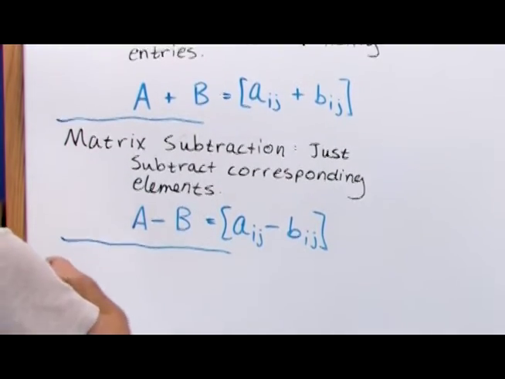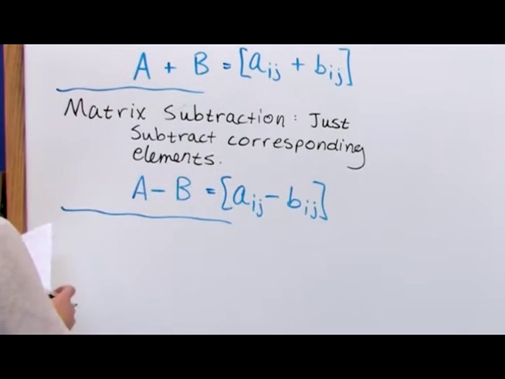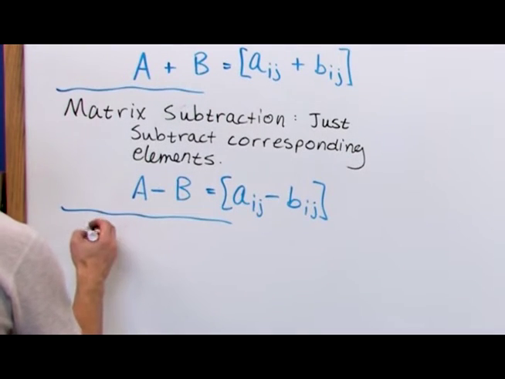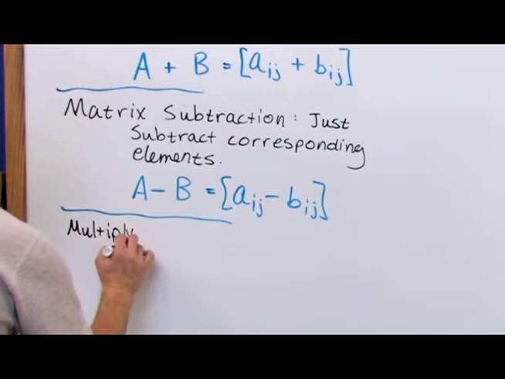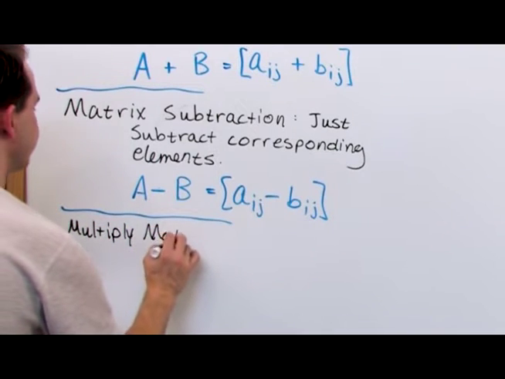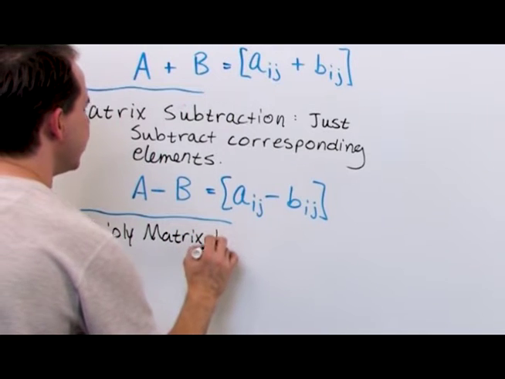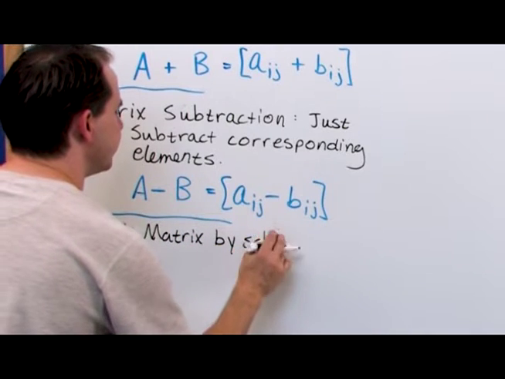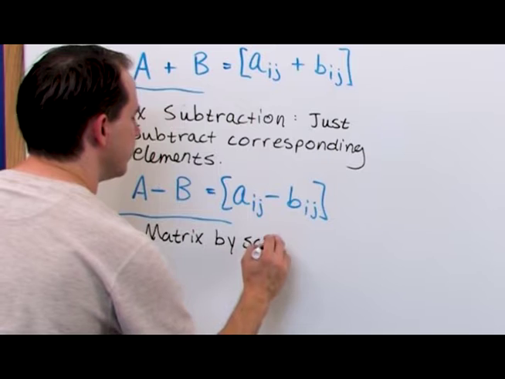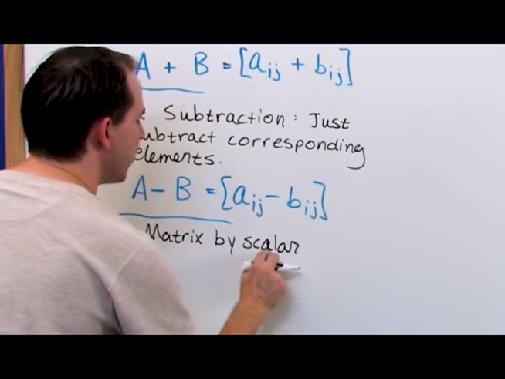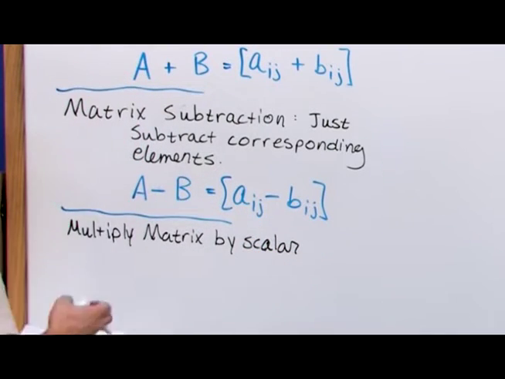Now, the final thing I want to write down for you before we go ahead and work some problems is if you want to multiply a matrix by a scalar, which again, don't get scared off by the term scalar. A scalar just means a number.